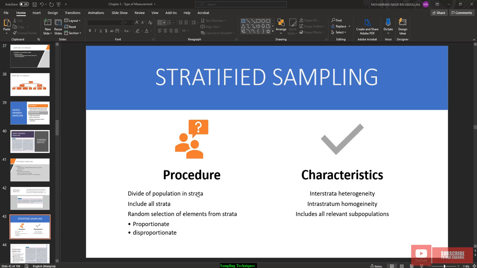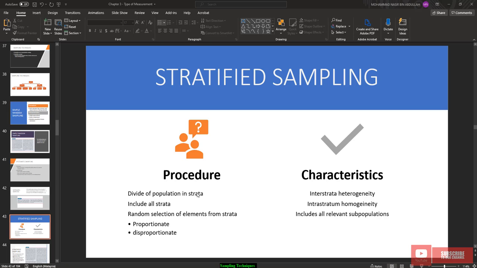The characteristic is intra-strata homogeneity, meaning in each stratum the elements have the same characteristics, but between groups they do not have the same characteristics, which is heterogeneity.